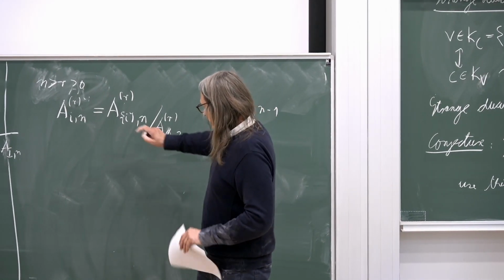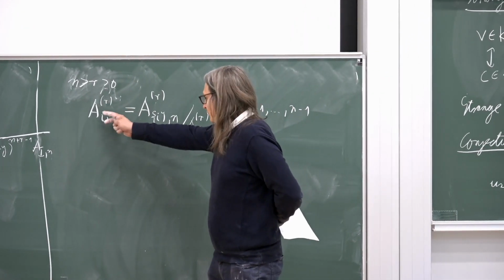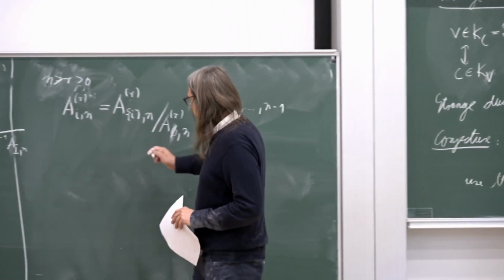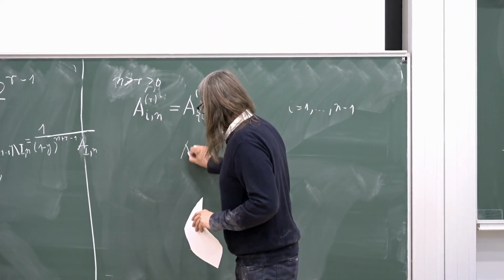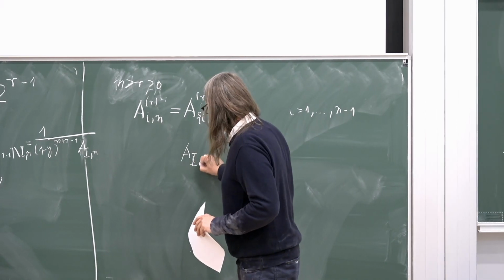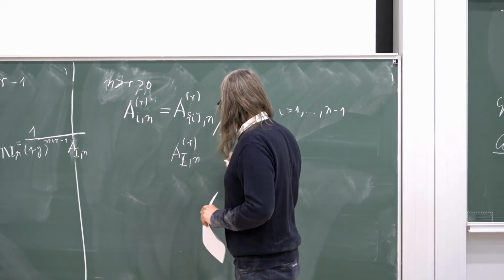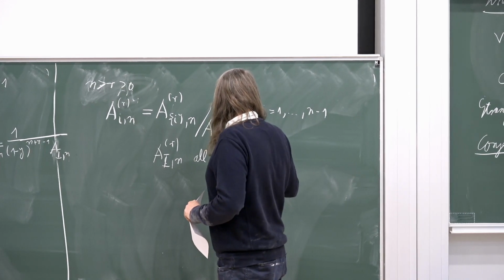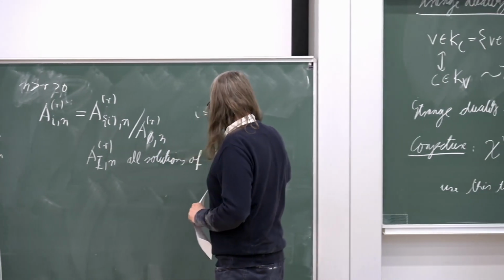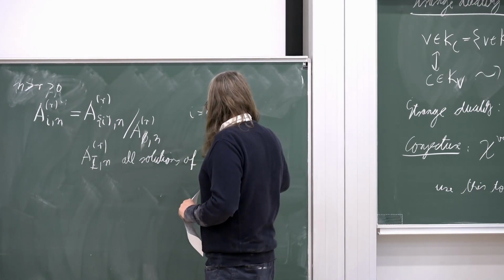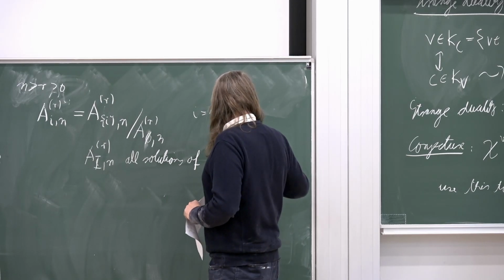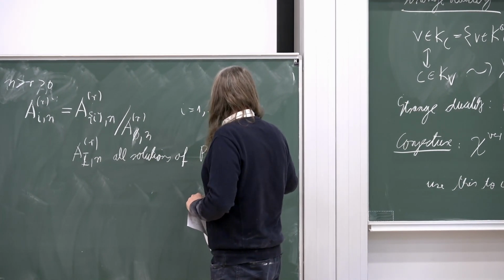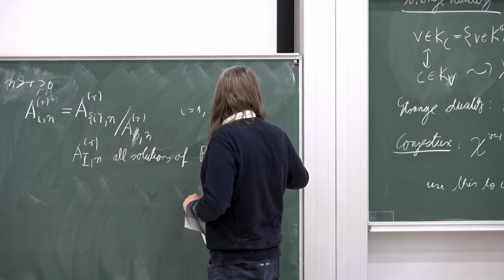According to these, the A_i and r are now all solutions of this polynomial P_n of 1 over x, 1 over y, like we had before.